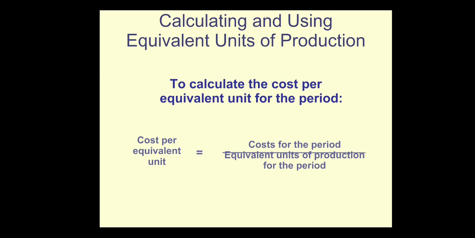The formula is: cost per equivalent unit equals cost for the period divided by the equivalent units of production for the period. Very straightforward. If somebody asks you how to calculate cost per equivalent unit, the answer is the total cost for that accounting period divided by the total equivalent units of production for that period.